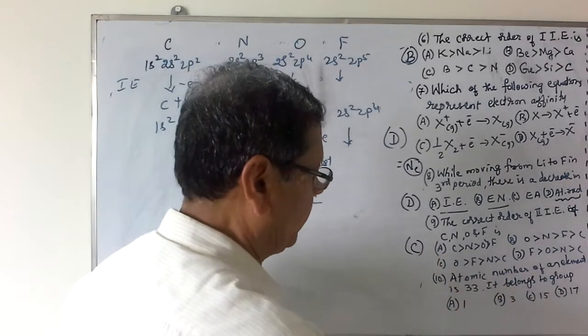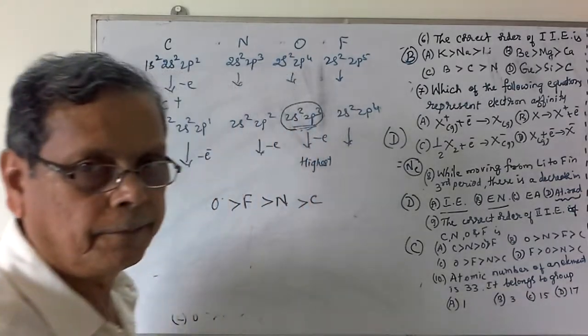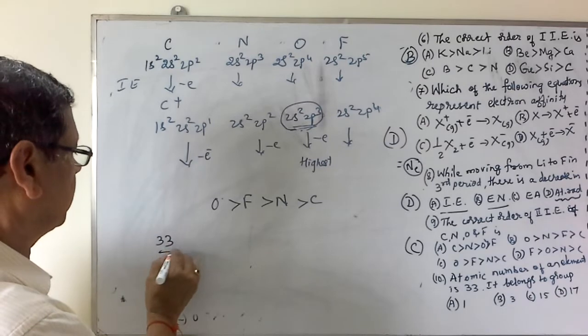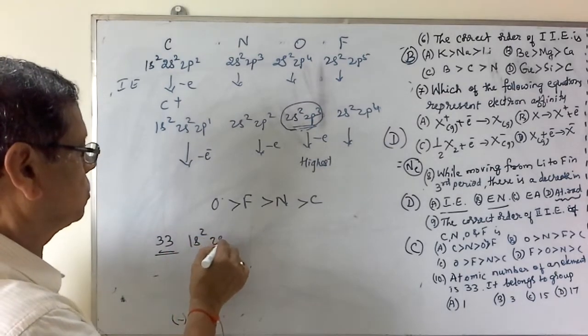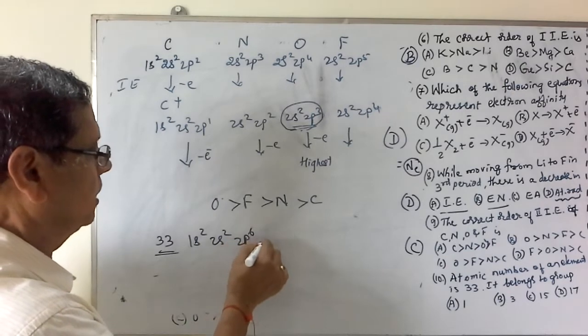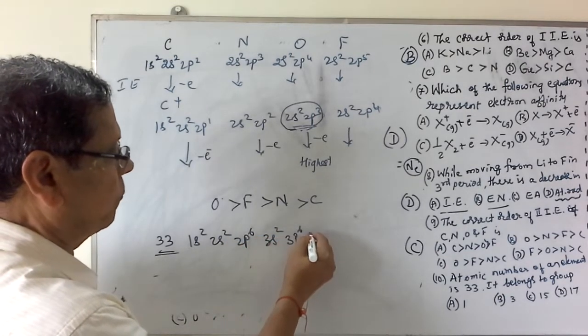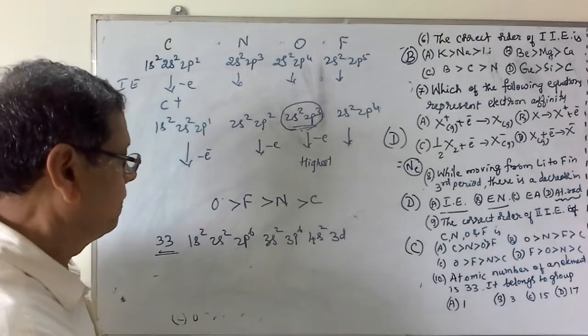The atomic number of an element is 33. Which group does it belong to? When we write the electronic configuration for atomic number 33, we write 1s2, 2s2, 2p6, 3s2, 3p6, then 4s2, 3d10.